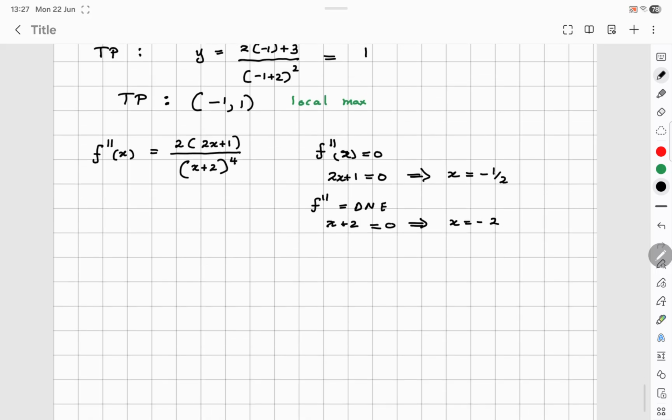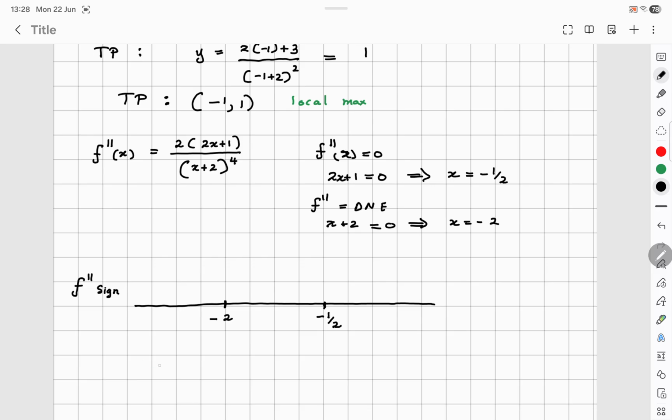So let me do a sign chart for the second derivative now to figure out the inflection points. So -2, minus half, right? And this sign chart will be important for the graphing part also. F double dash sign.